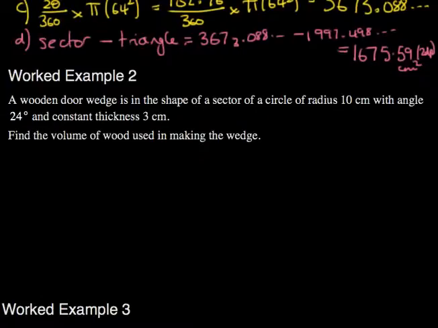In the second worked example, a wooden door wedge, and now I think about drawing this. So a wooden door wedge is like this, I guess, with a right angle here, in the shape of a sector of a circle, right? Okay, so then I know that this is going to be rounded on the outside here, and the radius of 10.